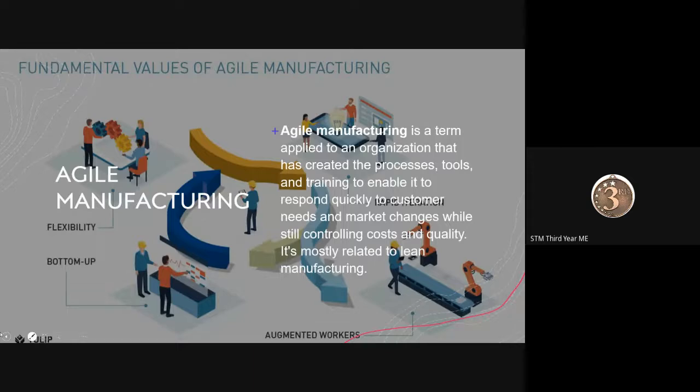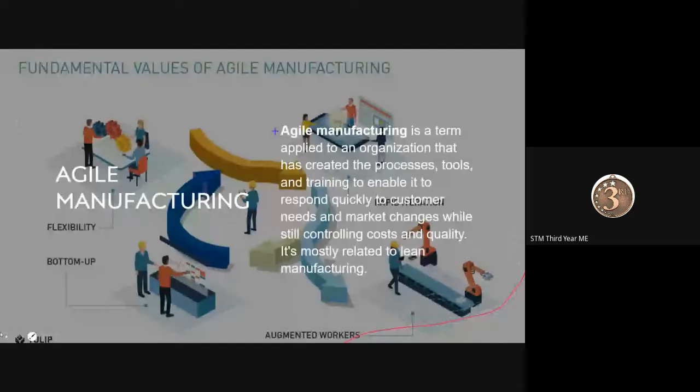So what is flexible production? Flexible production is nothing but there are many changes occurring in terms of technological aspects or in terms of customer demand, etc. So they have to quickly respond. Okay, maybe in cars.